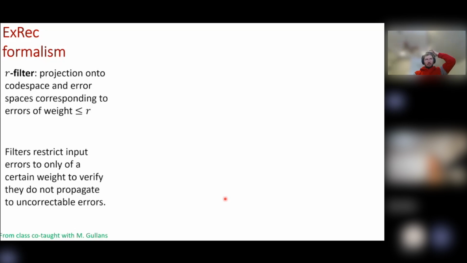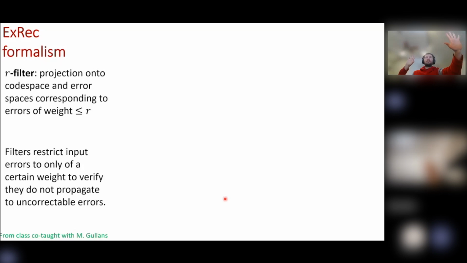So then what you can do is say, well, okay, let's assume a certain weight of errors has happened. So we're going to restrict to that, meaning we're going to project using this R filter from one side. And then whatever your noisy gadget is, we say we have incoming some errors up to weight R. That's implied by our projection from one side.